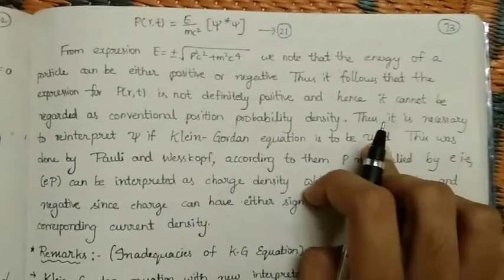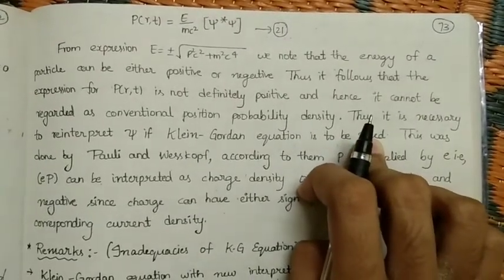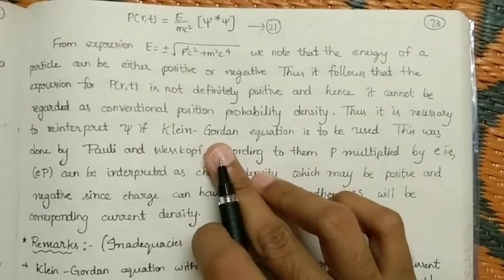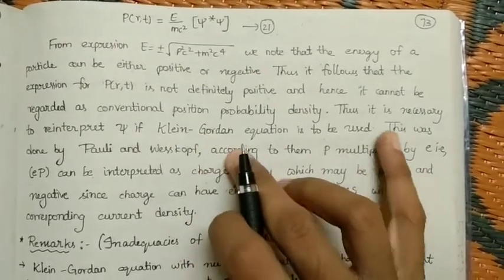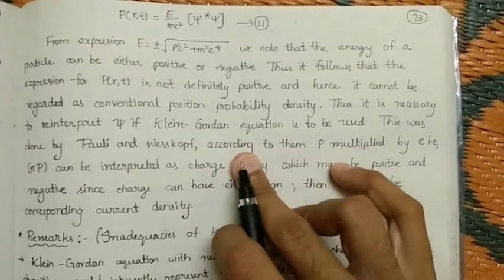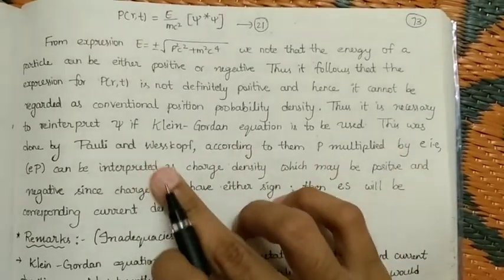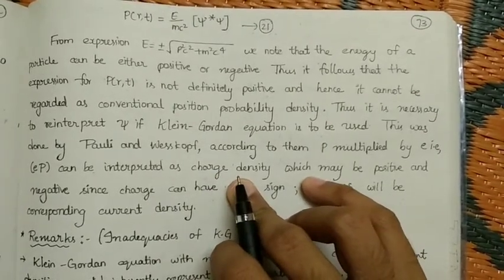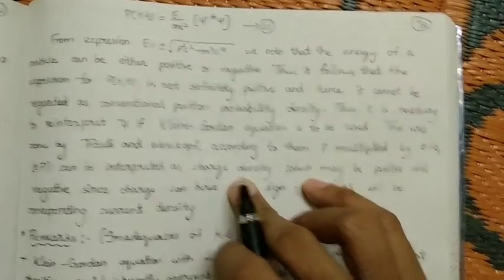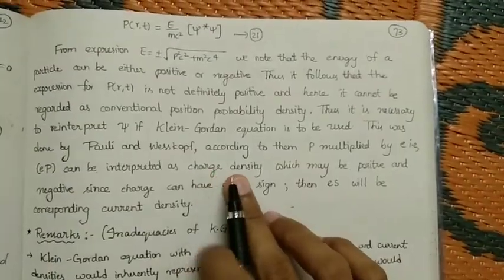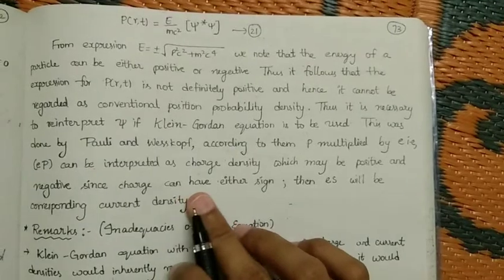So we need to reinterpret xi as we have used the Klein-Gordon equation. This was done by Pauli and Weisskopf. According to them, e multiplied by p can be interpreted as charge density, which may be positive or negative, since charge can have either sign.